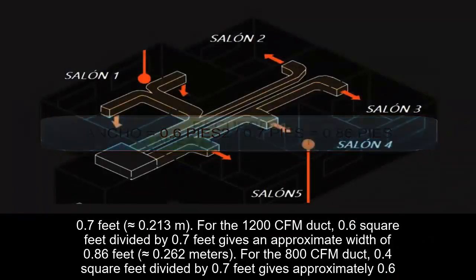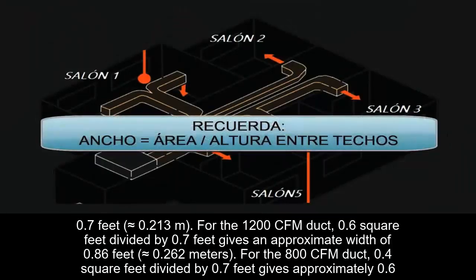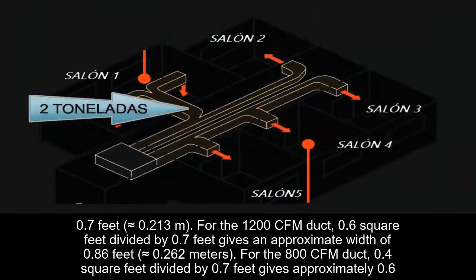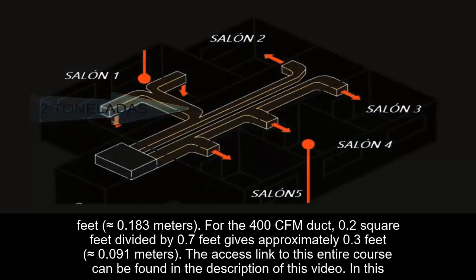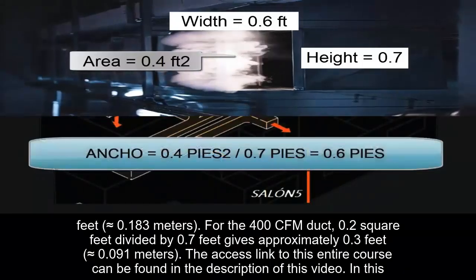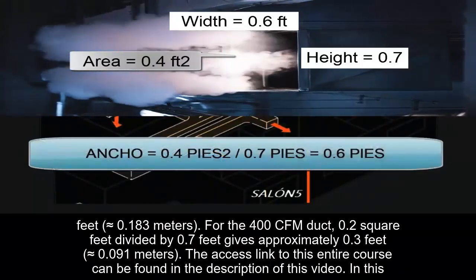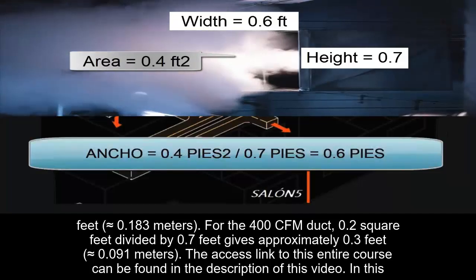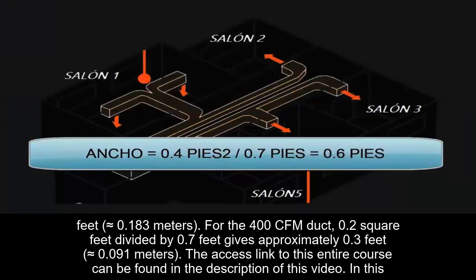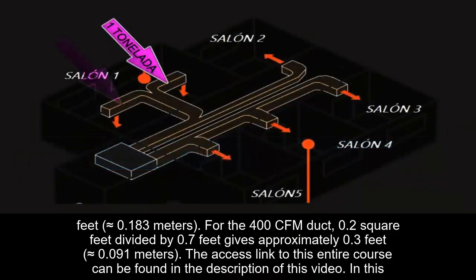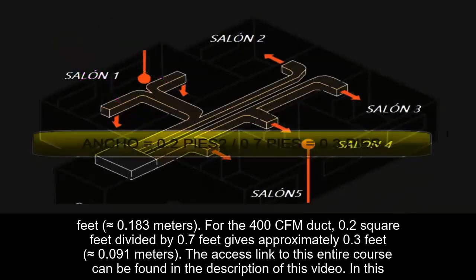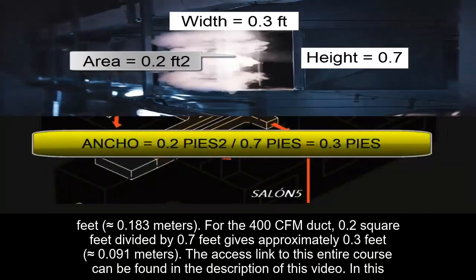For the 800 CFM duct, 0.4 square feet divided by 0.7 feet gives approximately 0.6 feet, nearly 0.183 meters. For the 400 CFM duct, 0.2 square feet divided by 0.7 feet gives approximately 0.3 feet, nearly 0.091 meters.